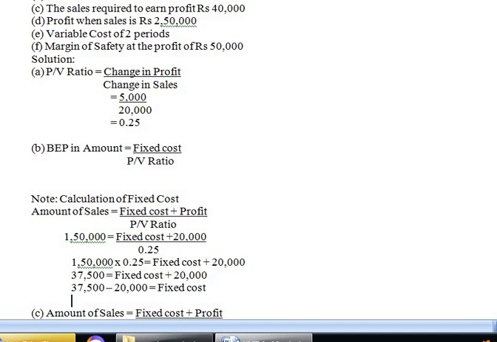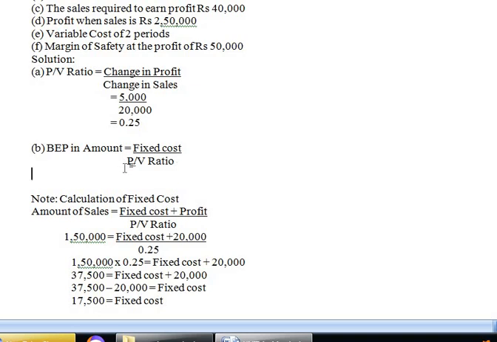So that is 17,500 is equal to fixed cost. Hope so this problem is clear to everyone, as we don't know how much is fixed cost. So this formula we have applied to find out fixed cost.